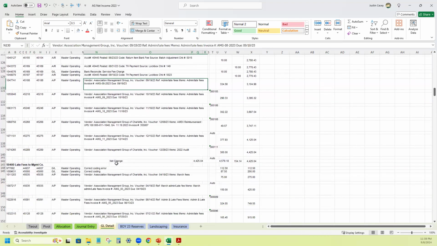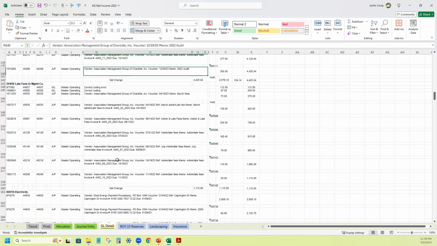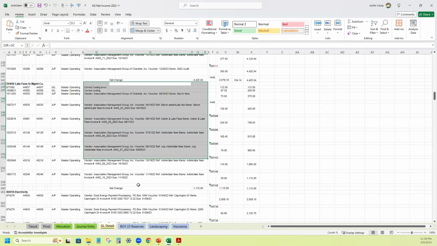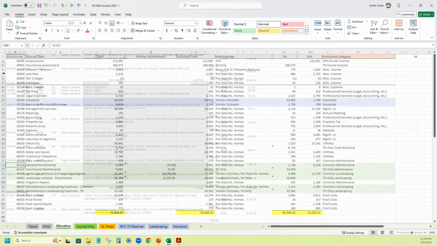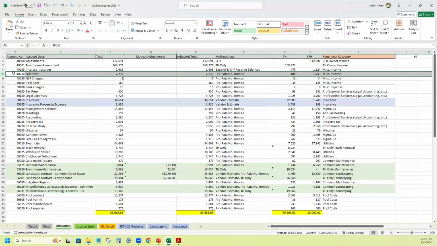So, okay, yeah, these all relate to AMG, so that's good. Late fees: the way we calculate late fees is basically not intuitive, but AMG codes them all to an account and then pays themselves half of them.